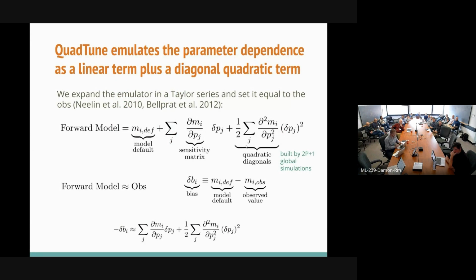In the quadratic term, we ignore the off-diagonal elements because that will reduce the number of global simulations we need to do. So we end up with something like this. It looks like linear regression, but with this quadratic regularizing term, so it's like ridge regression. And that term prevents the parameter values from growing too large, which is problematic.